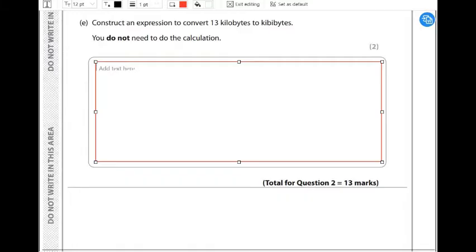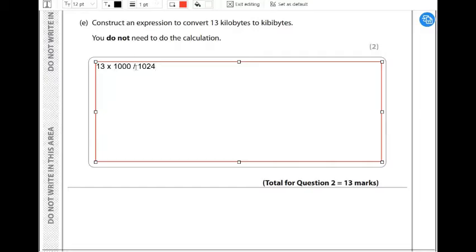So, when you would do this sort of question, you'll get 1 mark for saying 13 times 1,000, because 1,000 bytes is going to be, 1 byte would be like 1,000 kibibytes, which would be 1,024 kilobytes. No, sorry, forget that.